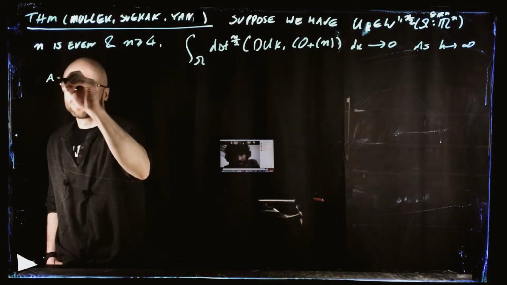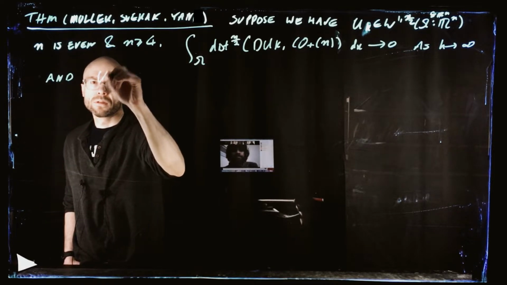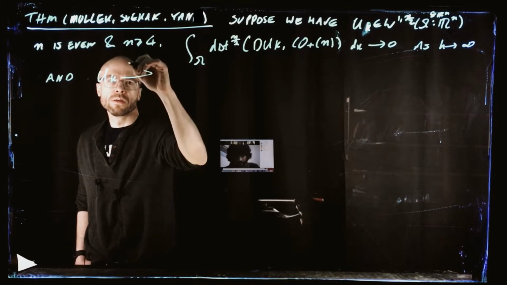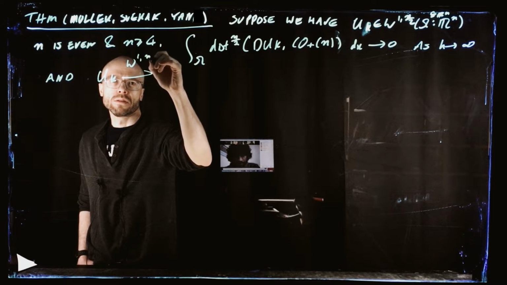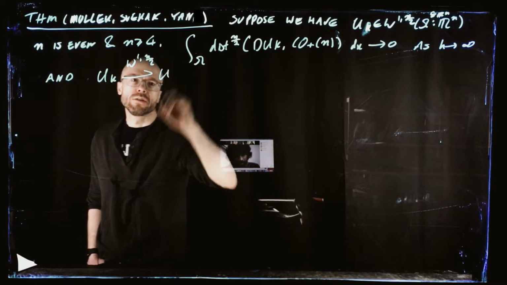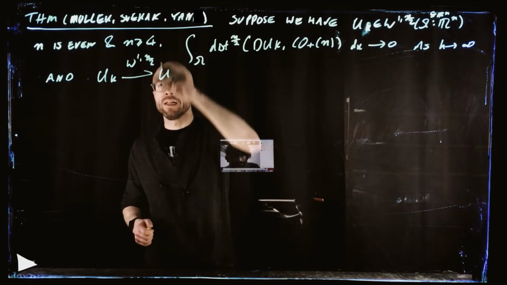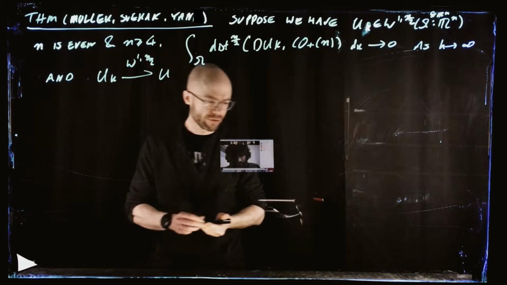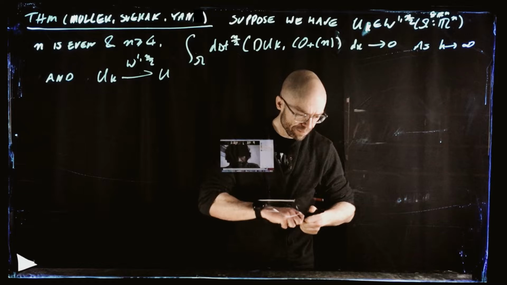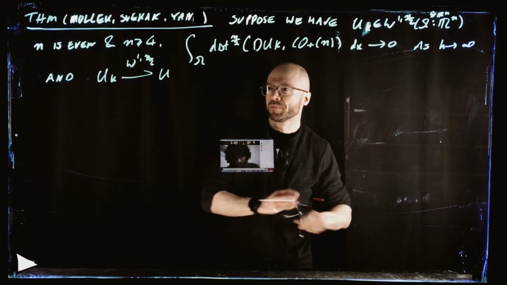And the sequence tends weakly in the Sobolev space to this limiting function, right? Which means the gradients converge weakly in L^{n/2}, and the functions converge strongly, right?